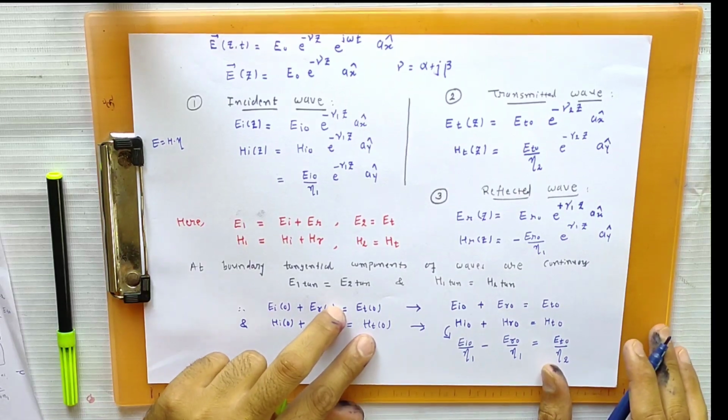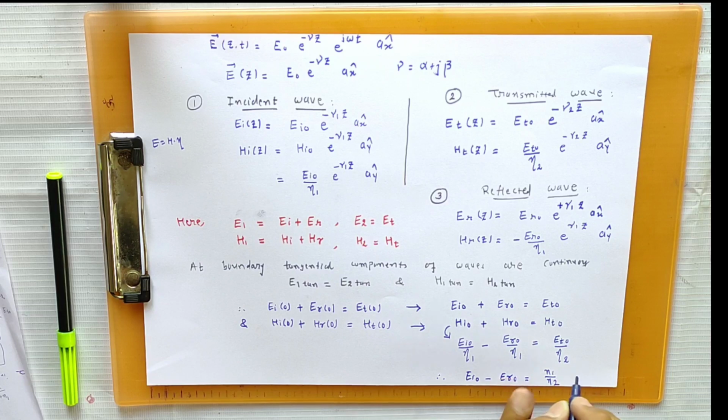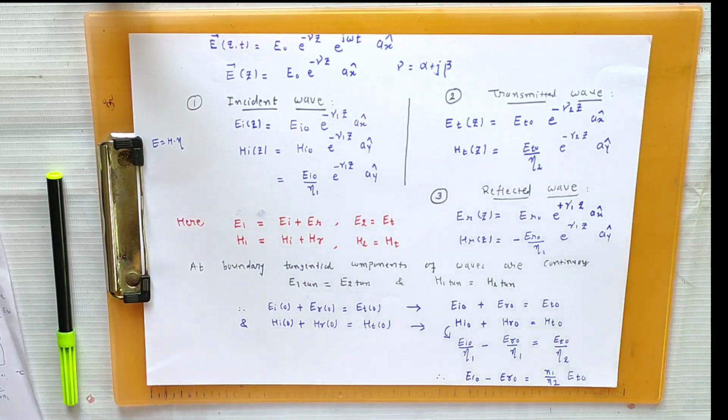Now I have to simplify this equation again. So EIO minus ERO is equal to eta 1 by eta 2 into ETO. What is our ultimate goal? Our ultimate goal is to derive the equation for the transmission coefficient and reflection coefficient.